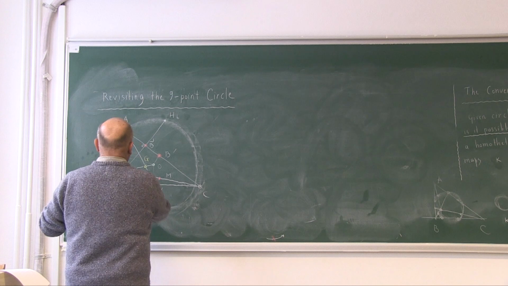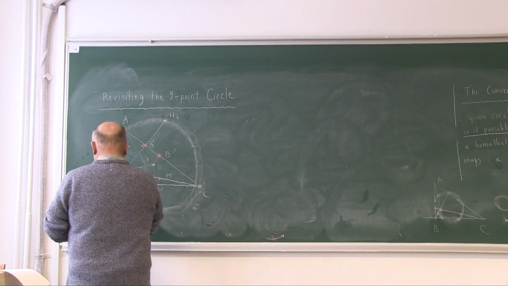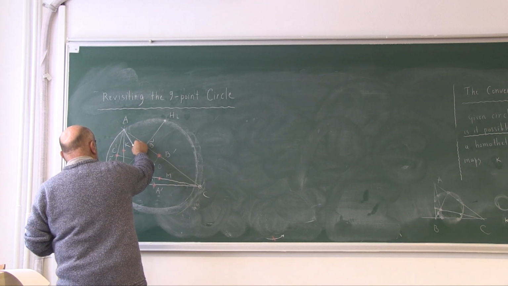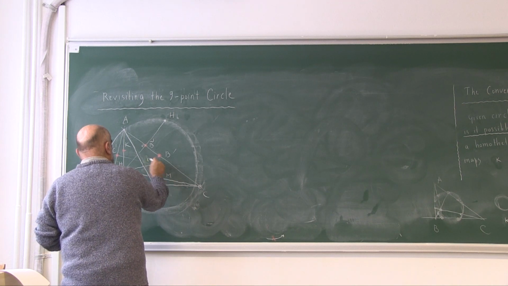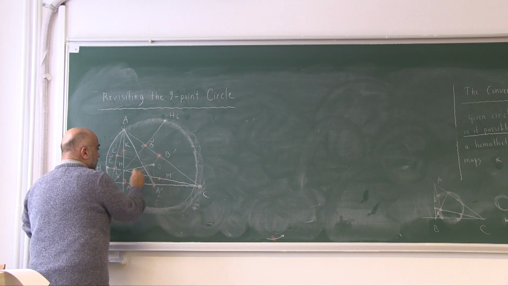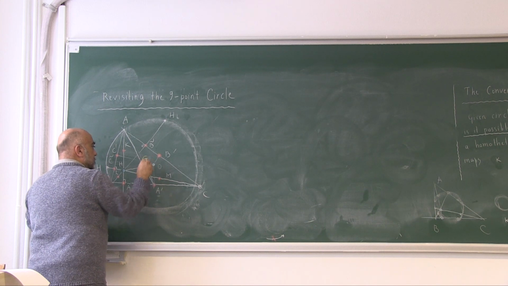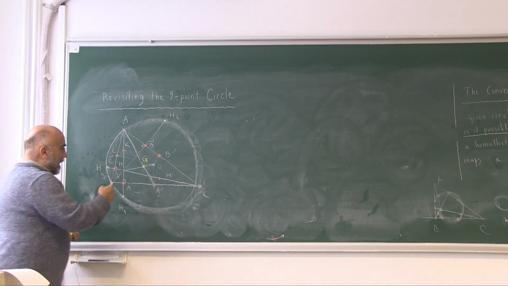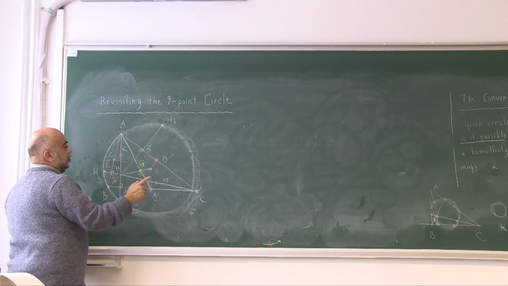I think I have not made a very good drawing, because the centroid should divide OH in the ratio 1 to 2. So that is G, the centroid. I know that GO to GH is 1 to 2.